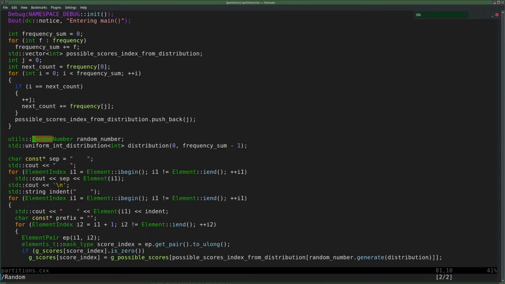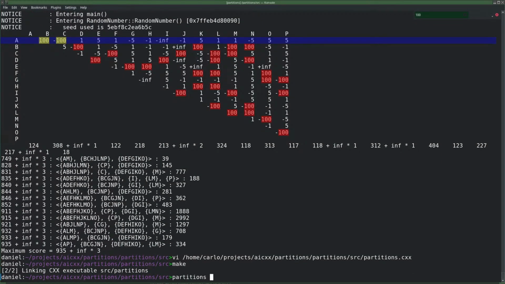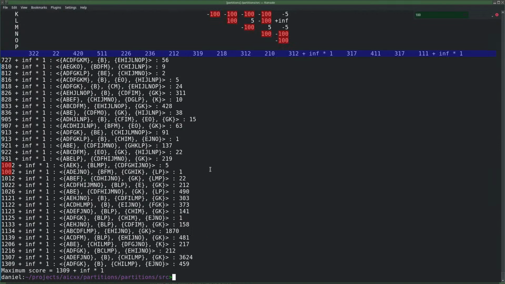Random number. Yeah, see, now we get the same thing, the chilump and the EG and O.